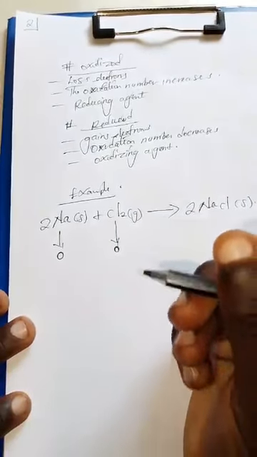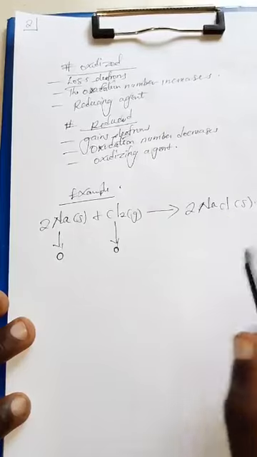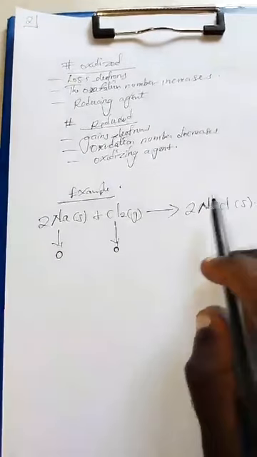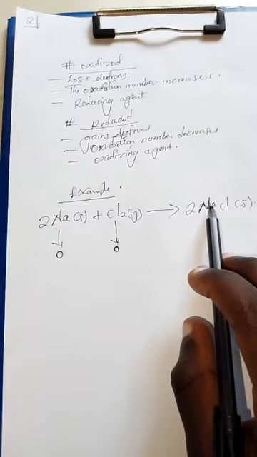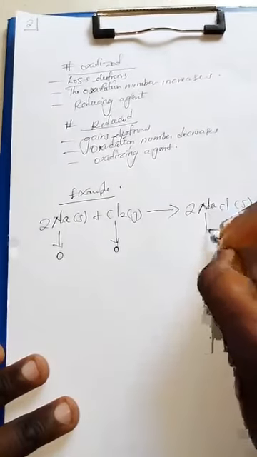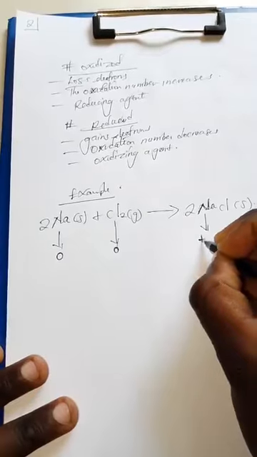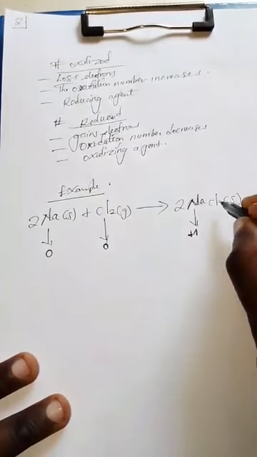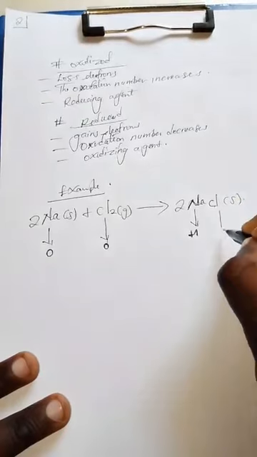But this is an ion, sodium chloride. If you split it, it's an ion. So this one has an oxidation number of positive 1 for the sodium. Don't worry, I'll show you how to calculate the oxidation number. For this one, it's negative 1.